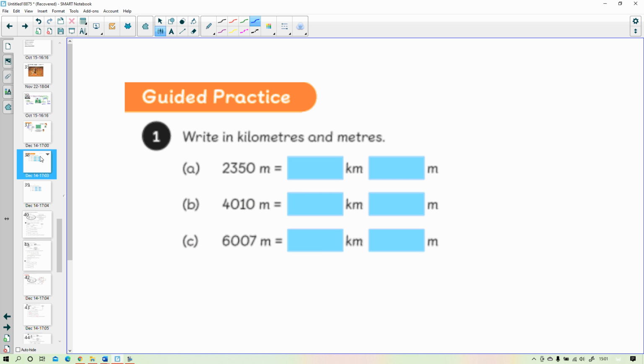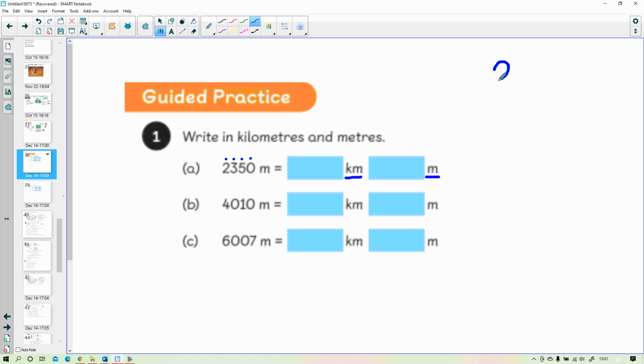Now then, for the guided practice, you're going to have a little go at this yourself. So here are some distances. Let's look at A together. 2,350. Here they are. I'm going to mark out my columns just so it's easier for me to see where each value lies. So I need to work out how many kilometers and how many meters are in this number.